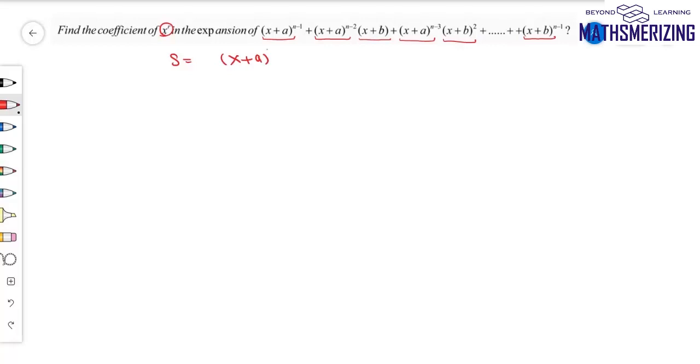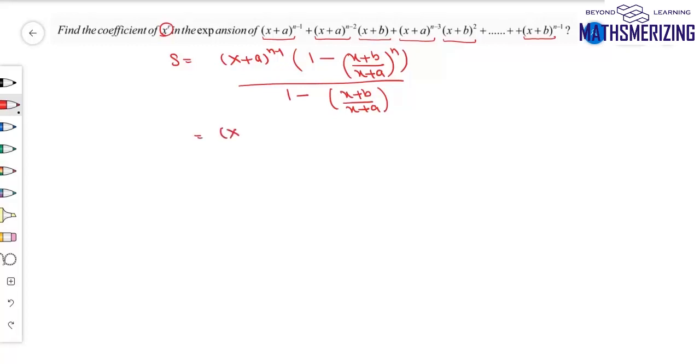(x + a)^(n-1) times (1 - r^n) upon (1 - r). Now what's the value of r? The value of r is (x + b) upon (x + a), the number of terms is n, and then 1 - (x + b) upon (x + a).